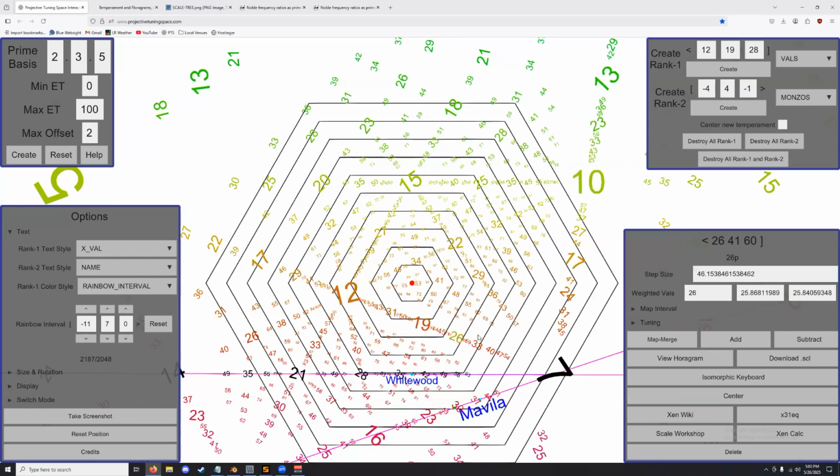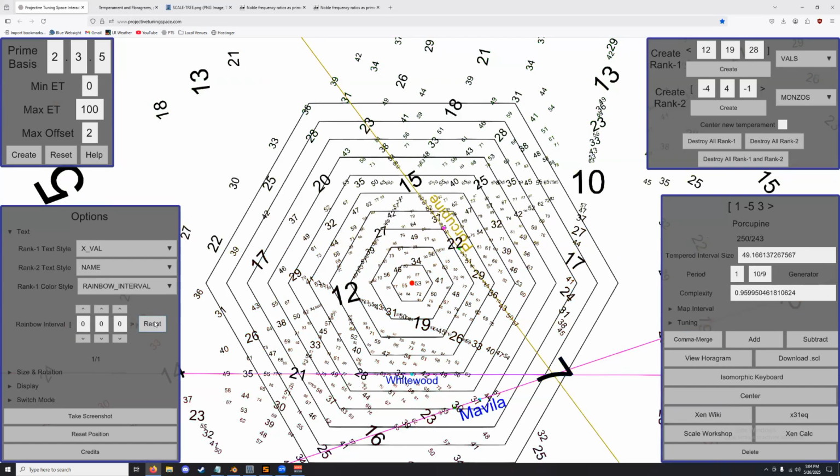So on whitewood, if you're comparing to whitewood, you've got a horizontal line, and so there's up and down. Let's say you're using the rainbow interval comparison for another temperament line. Are you still going to get a color gradation that's smooth, right?